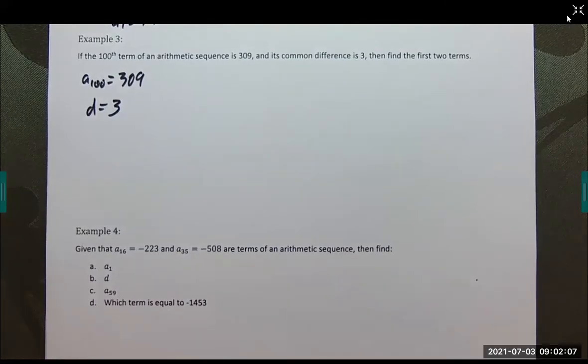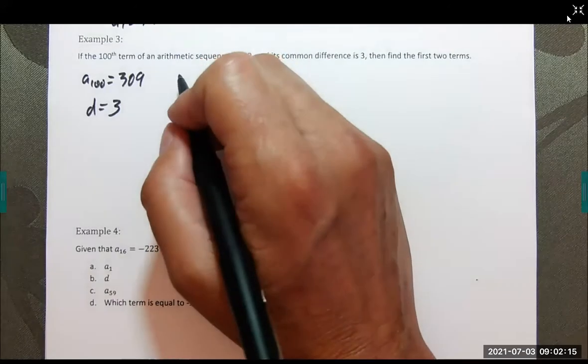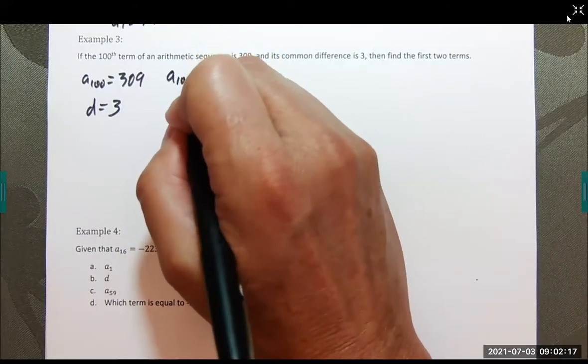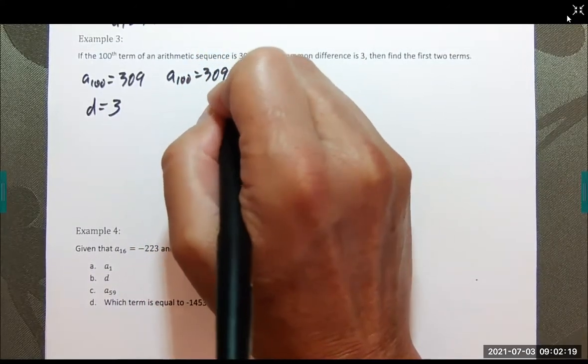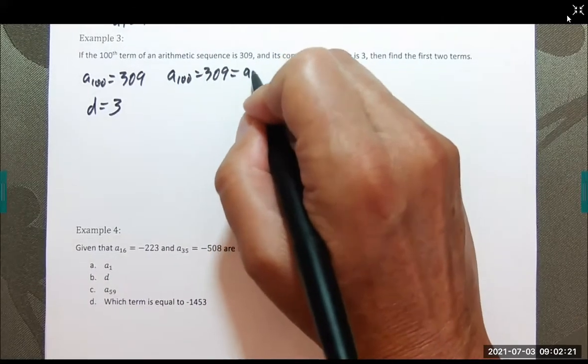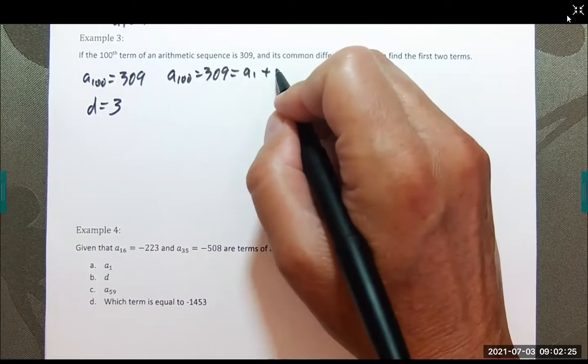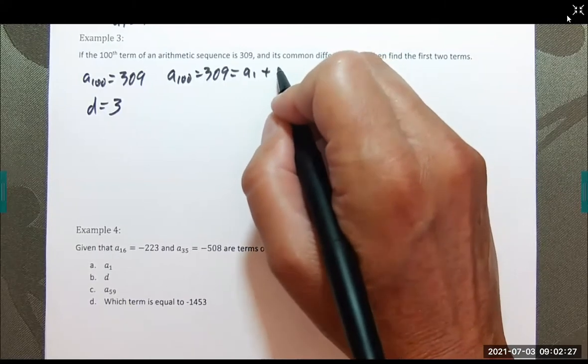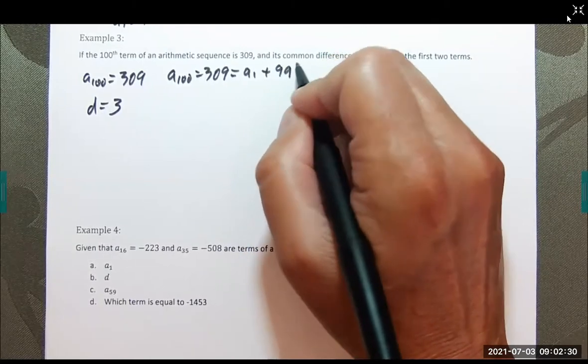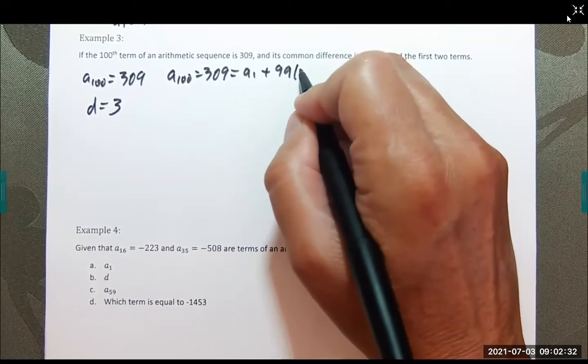Find the first 2 terms. Okay, so we know that a sub 100, which is 309, is a sub 1, which we don't know, plus 99, that's n minus 1, right? 99 times 3.